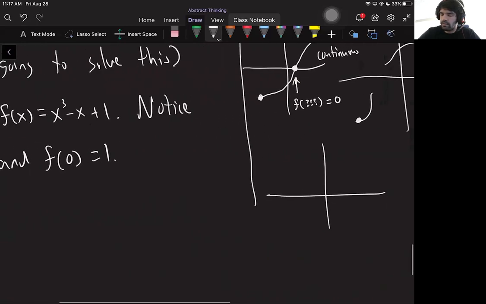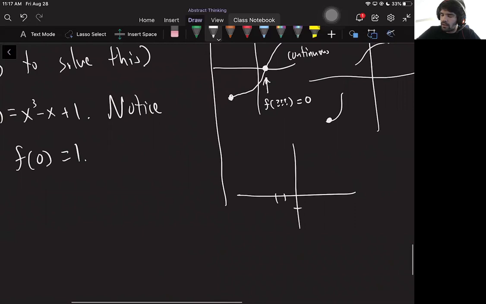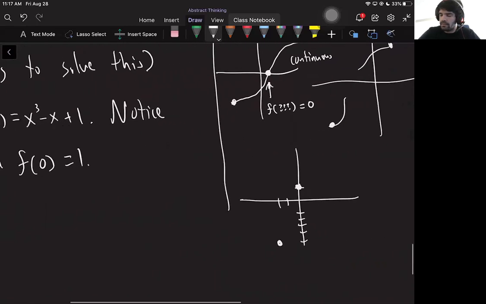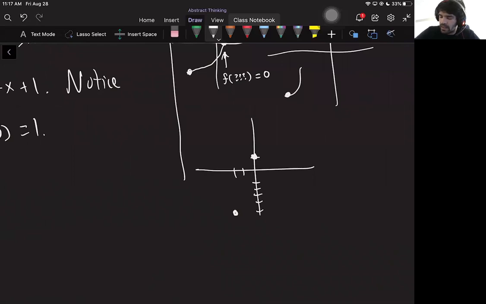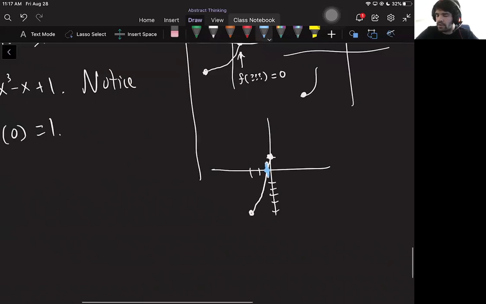When I plug in -2, I get -5, and when I plug in 0, I get 1. Now, the idea is this function is continuous, so I've got to get from here to there somehow. Maybe not exactly like that, but somehow. That means I've got to cross the 0 line. I've got to cross this magic 0 line somewhere, so why not there? And that's going to show the existence of something.